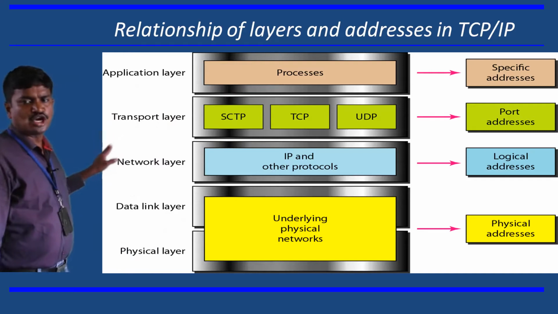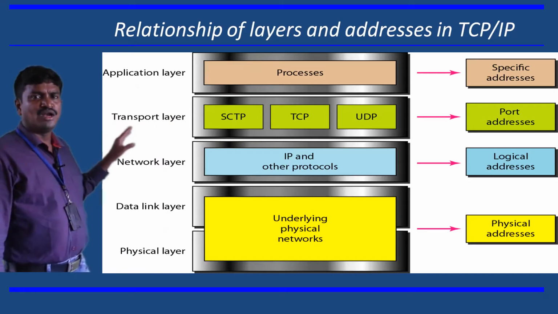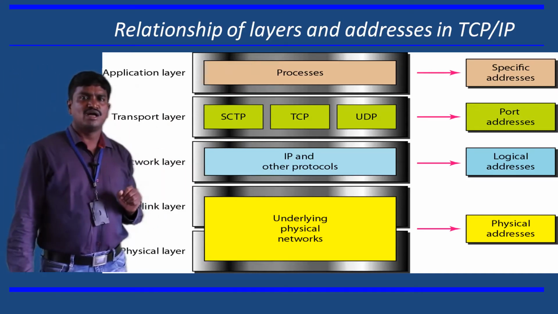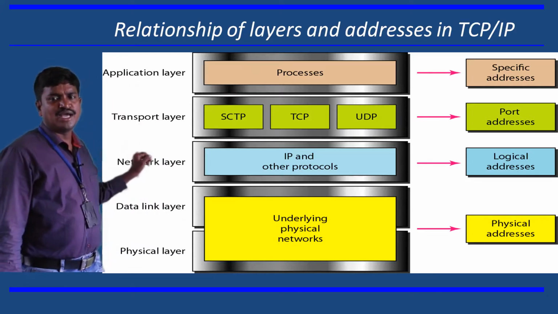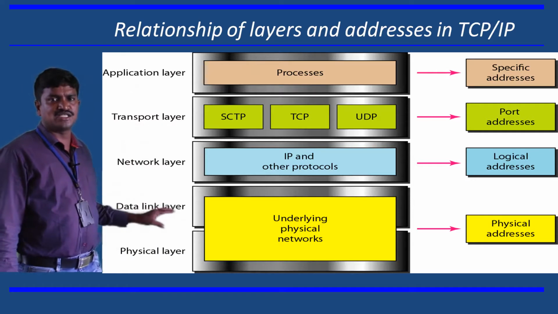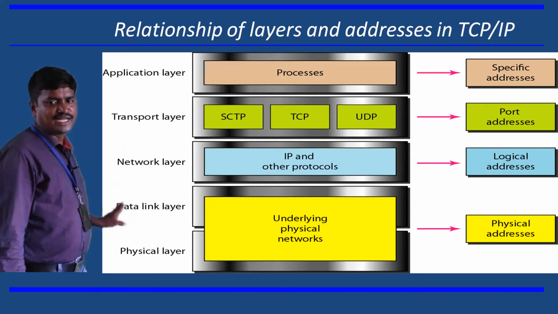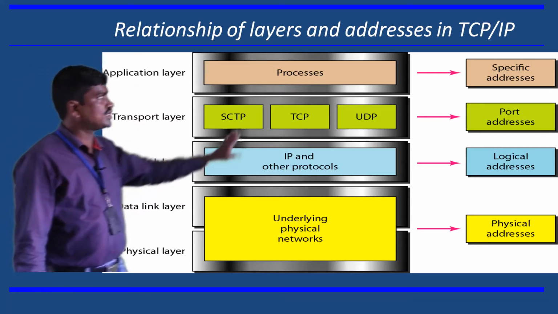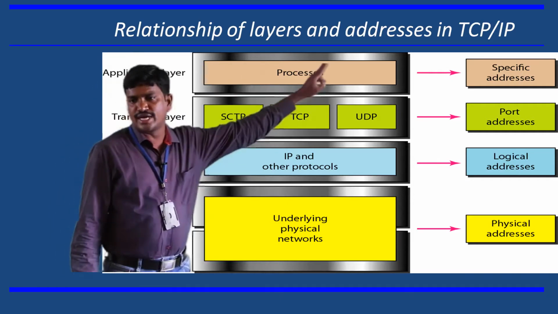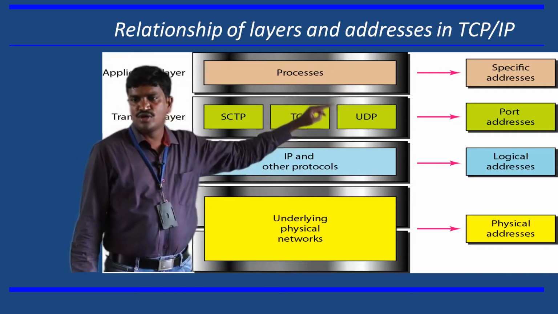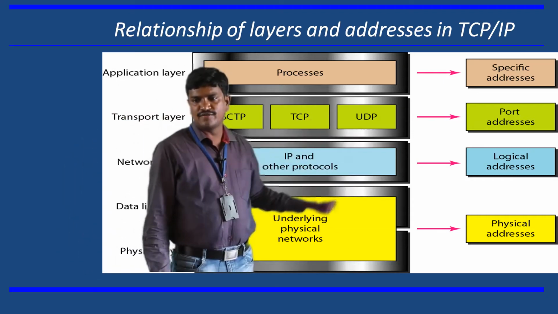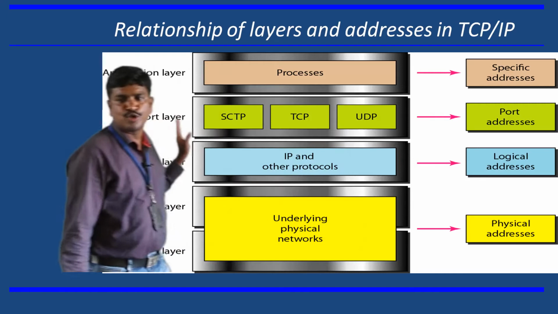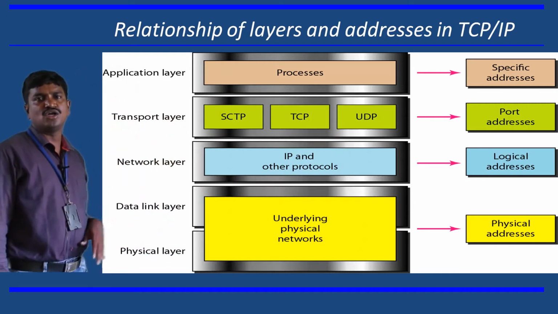Now when you talk about the network layer, as we already know, logical addresses of the systems are identified at the network layer. So logical addresses are used. And when you want to identify the physical address, they make use of the data link layer. So these are the addresses, specific, then port address, then logical address, then physical address, and these are the corresponding places where these addresses are useful.